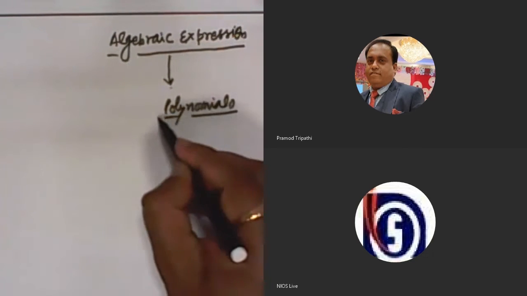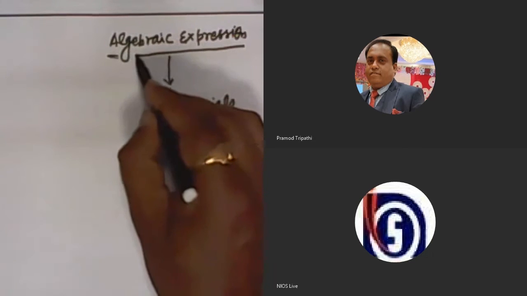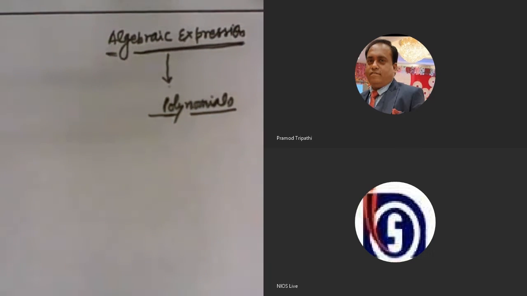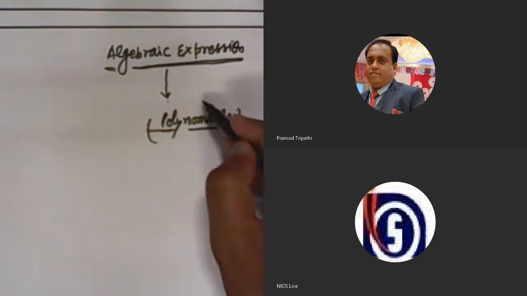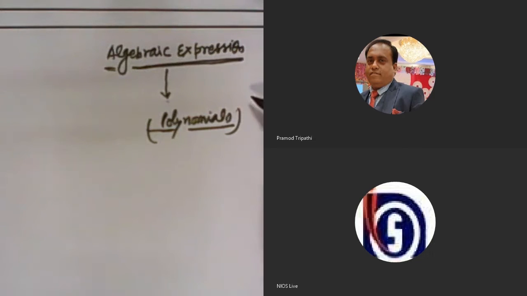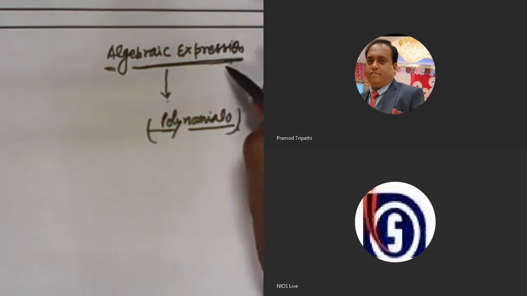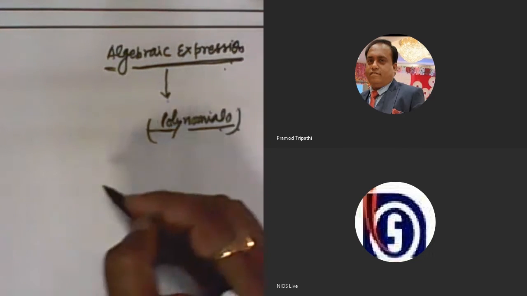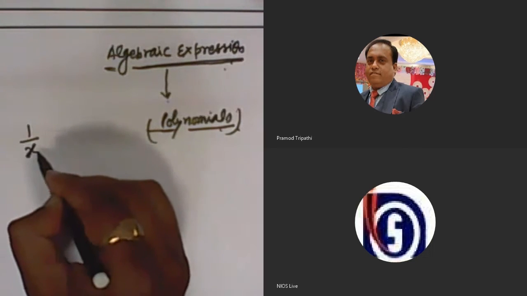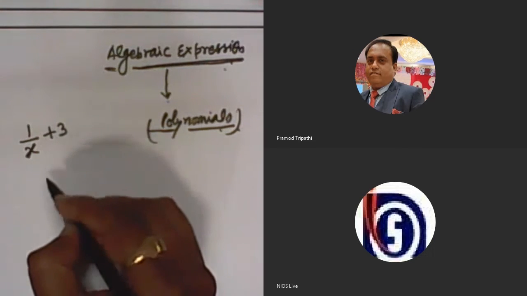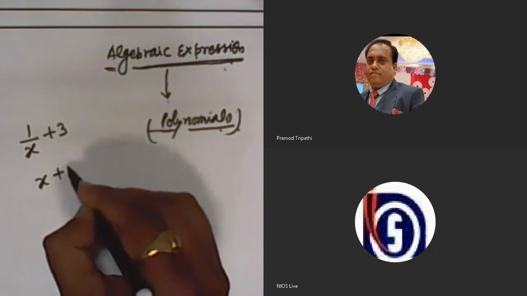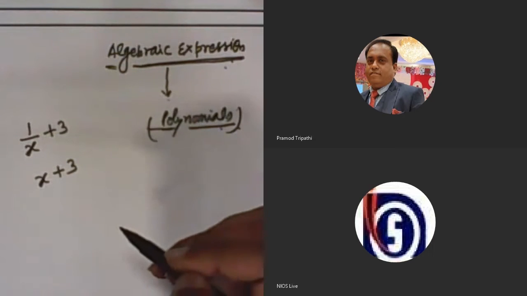Now we go to the question here. What is the difference between the algebraic expression and polynomial? We can see that the polynomial comes under the algebraic expression. All polynomials are algebraic expressions, but all algebraic expressions are not polynomials. Now we take the example here, 1 upon x plus 3, and we take another example here, x plus 3.